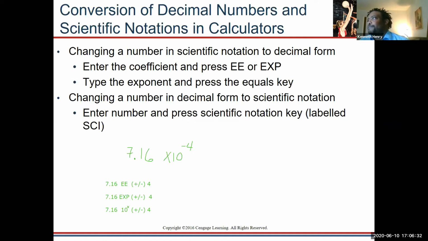And then put 4. So did it work for you? Not really. It kind of just gave me the same thing. Did you hit enter afterwards? Yeah. Oh, so it just gave it to you in scientific notation? Yeah, pretty much 7.16.